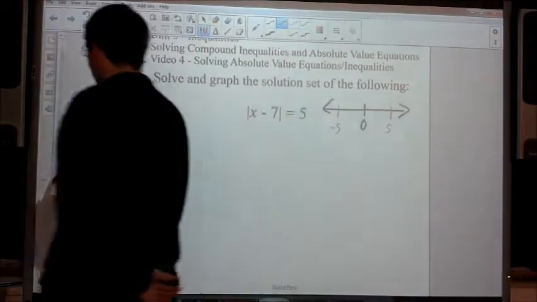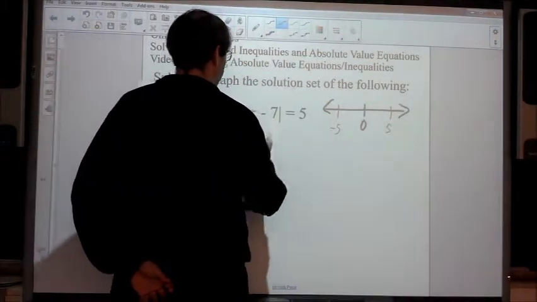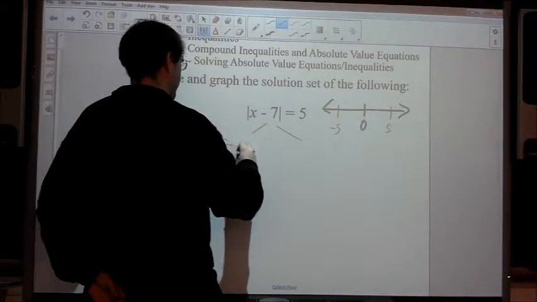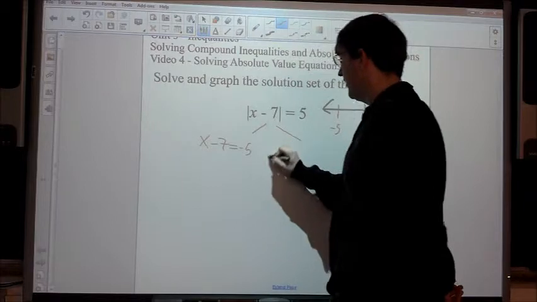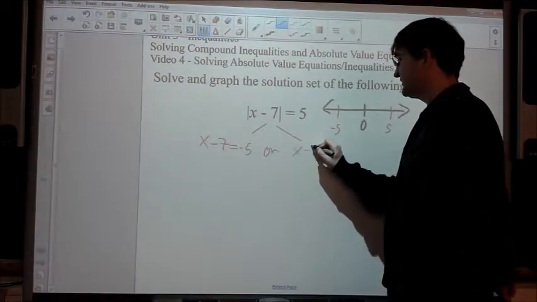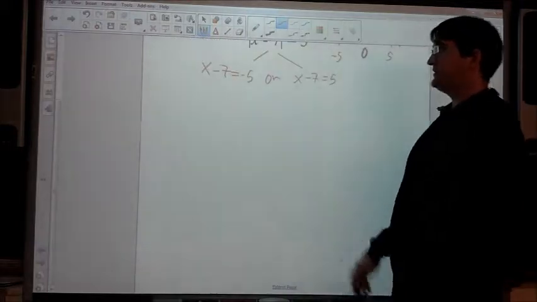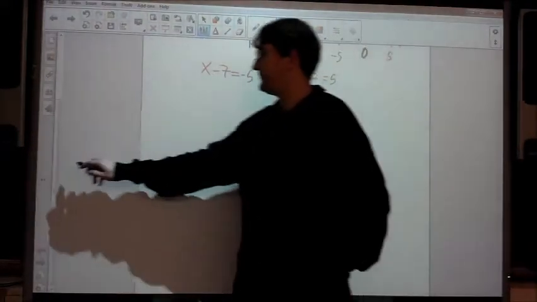And that's exactly how we interpret this equation. We split it into two different things. Either x minus 7 is equal to -5, or x minus 7 is equal to +5. And now we just have two equations that we solve.